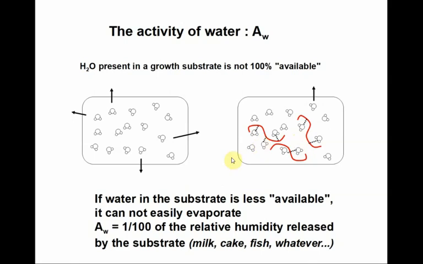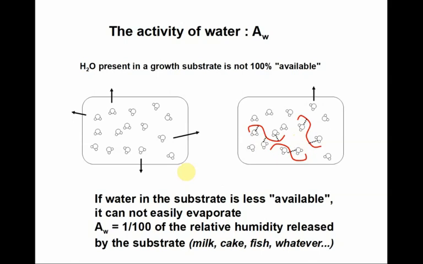Now, I don't want to go into the physical chemistry here, but basically the way to measure this is something called the activity of water, which is a quantity that can be measured for different liquids and also different solid foodstuffs. The basic idea is, the less the water is available inside the foodstuff, solid or liquid, the less it can evaporate out.